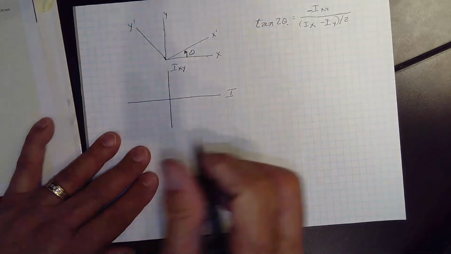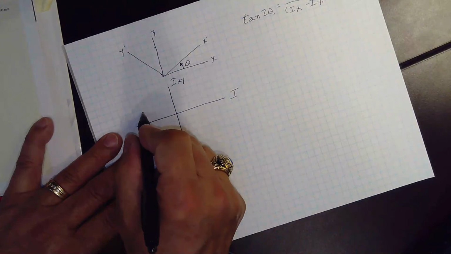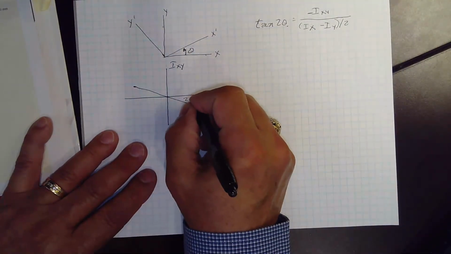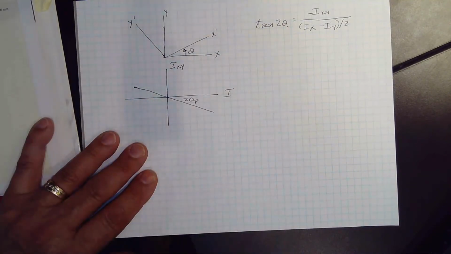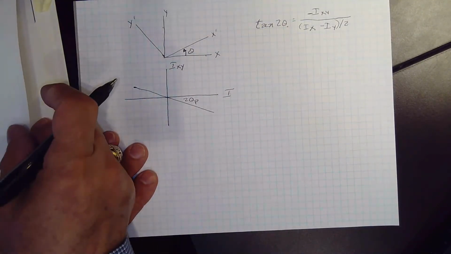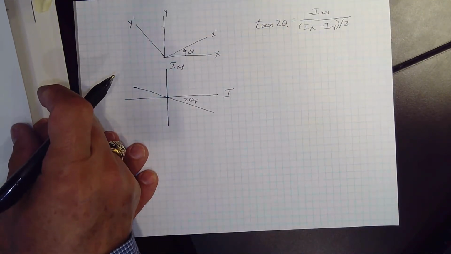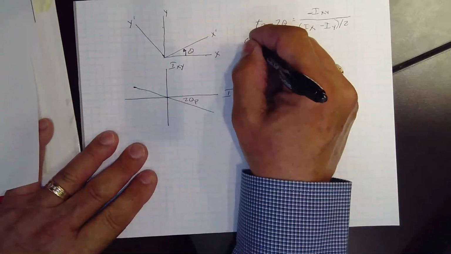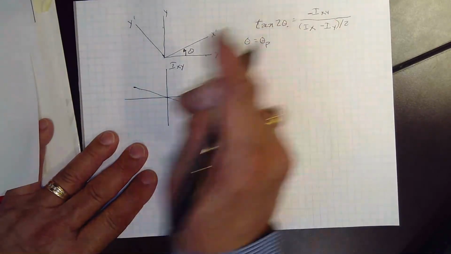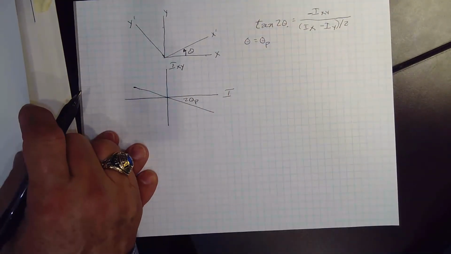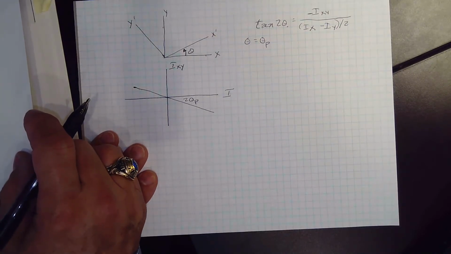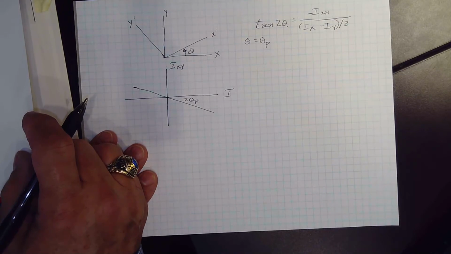This angle is 2 theta p. Theta p is the angle to the principal axis, that's all. Theta is equal to theta p, again where Ixy would be equal to 0.